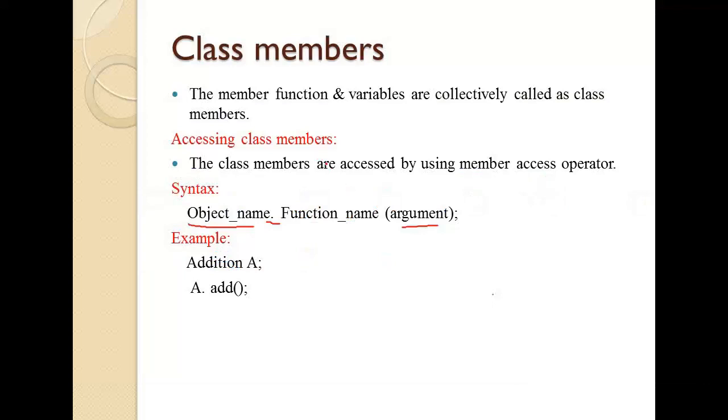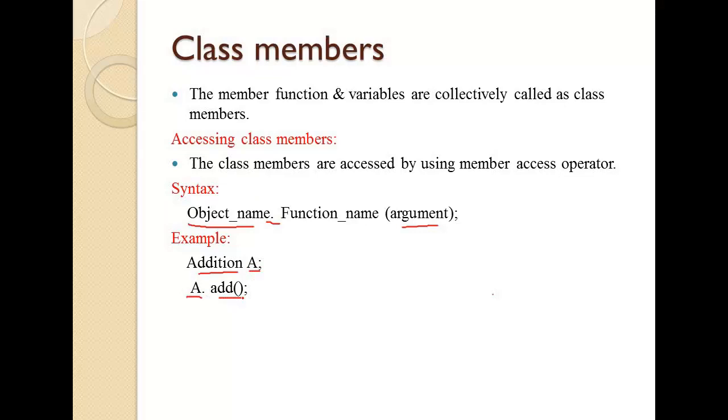And then how are we going to access the class members? We access them using this particular syntax: object name dot function name. The object has already been created. For example, if I have the class name as addition, for that I have created the object as A, and when I want to access one particular function, I use the object name A dot, then the function name.